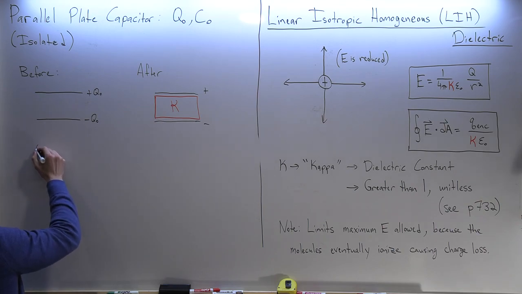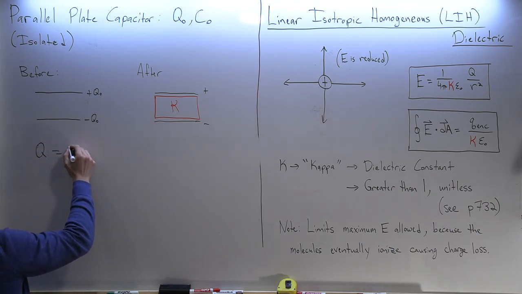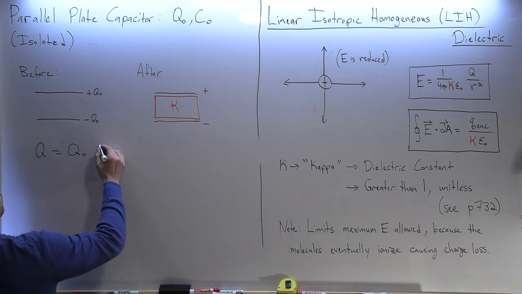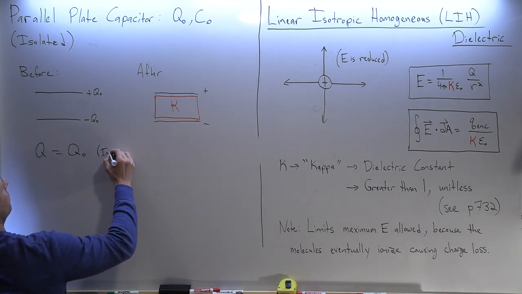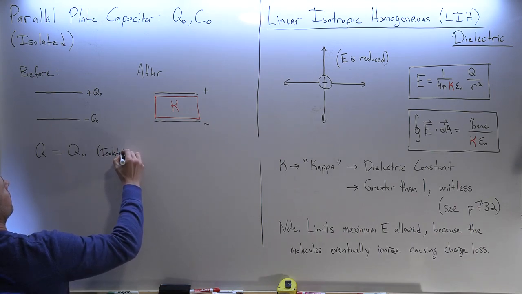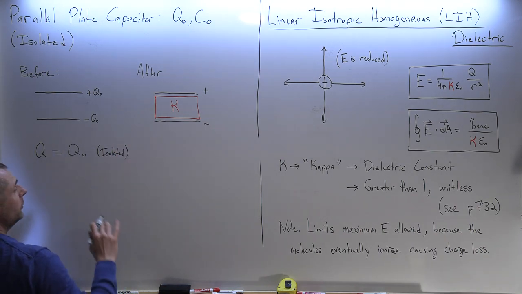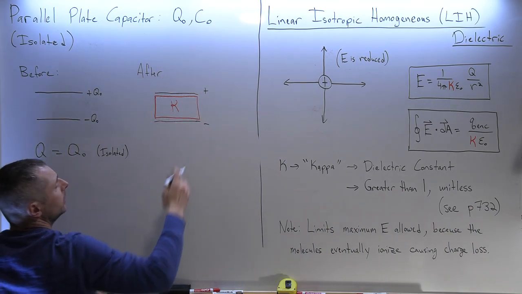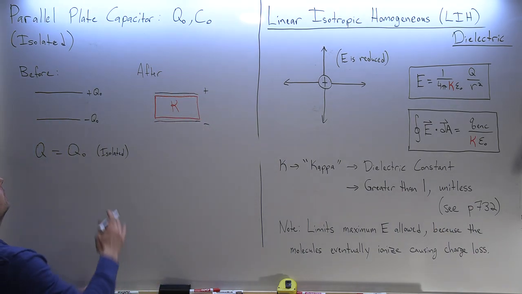So the first thing we can say is that the new charge is exactly equal to the old charge. And why? We said this was isolated. That means charge is conserved. Just because I put a slab of glass in here, where is the charge going to go? Nowhere. It's stuck there because it's isolated.